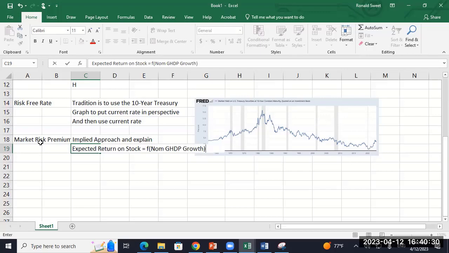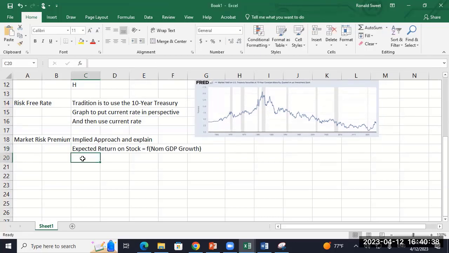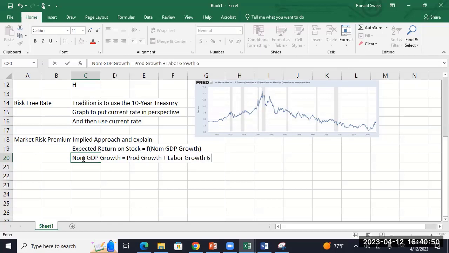Just go through the entire discussion. Nominal GDP growth equals productivity growth plus labor growth plus inflation. And then you talk about each of those and you get a final assumption for the market.